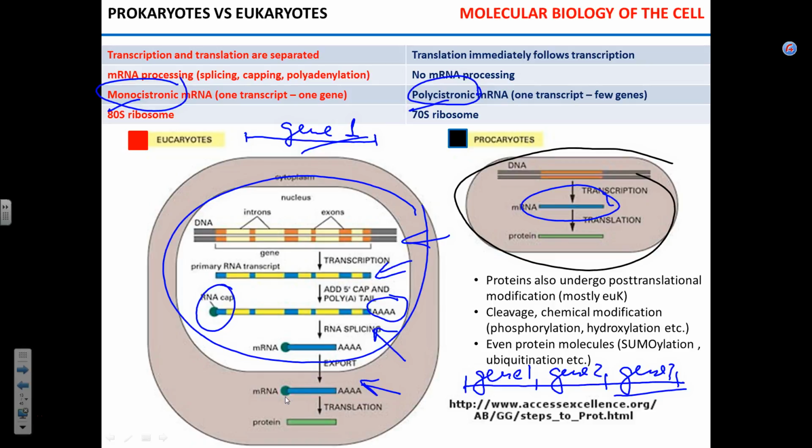And because mRNA, when it's just transcribed, has to be spliced, has to be capped, has to be polyadenylated, and so on and so forth.